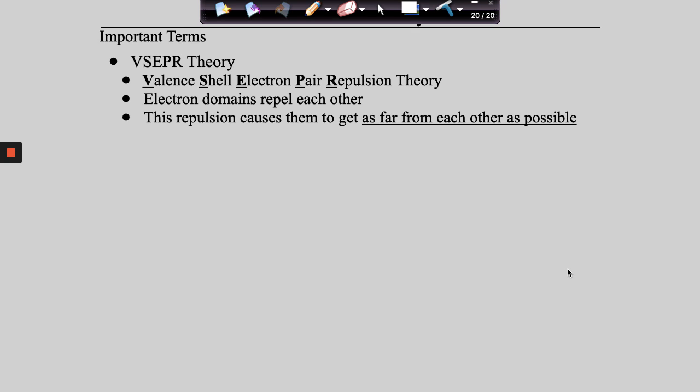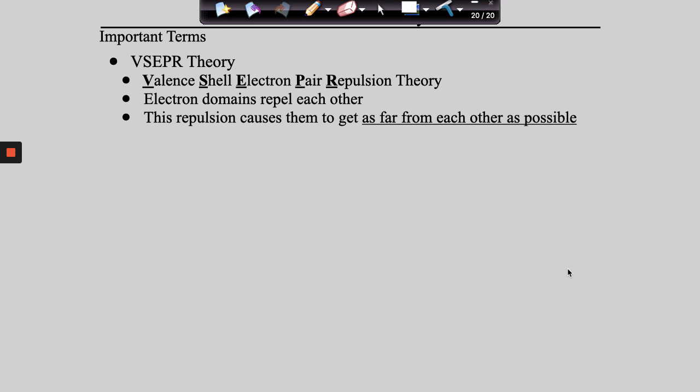So we need to keep in mind that these Lewis dot structures, these molecules, are not flat many times. They're not as simple as they first appear, because all of these bonding and non-bonding domains push on each other and push these molecules into interesting three-dimensional shapes.